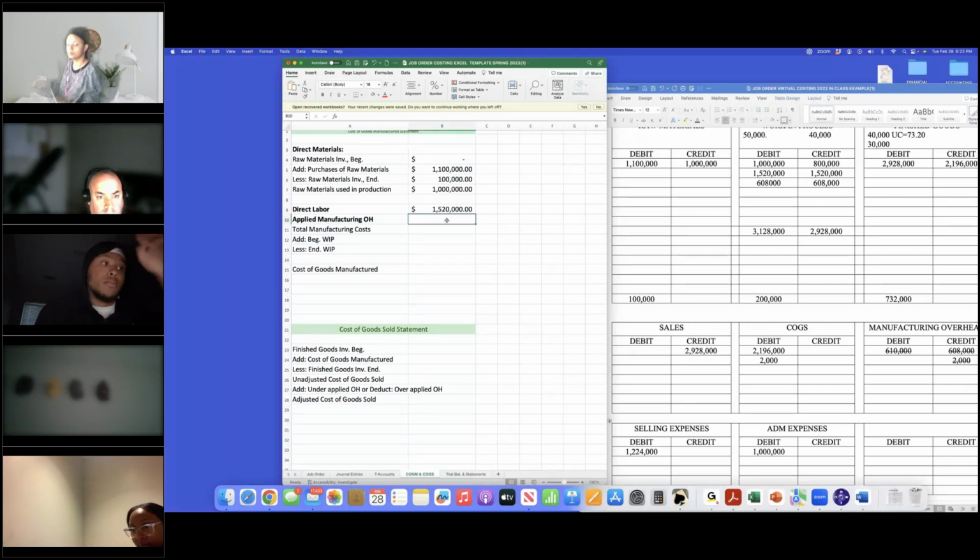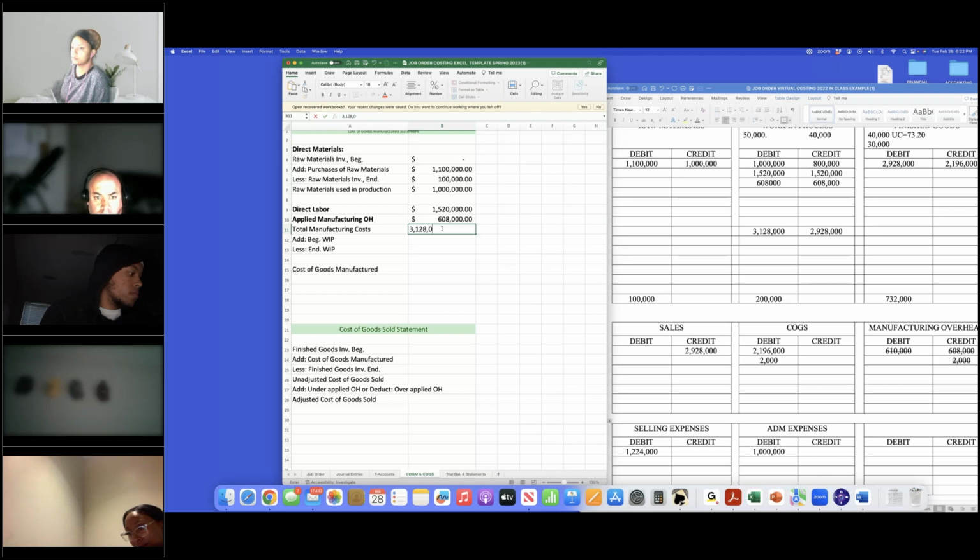608,000. 108,000. So the total manufacturing cost, we add all of these numbers up, it comes out to be what? 3,128,000.